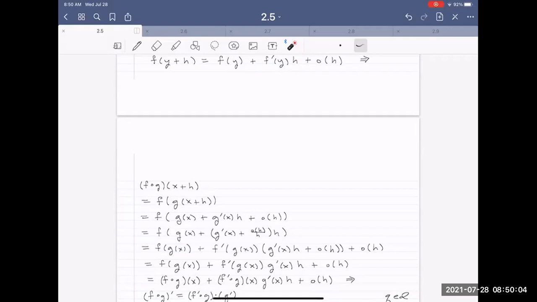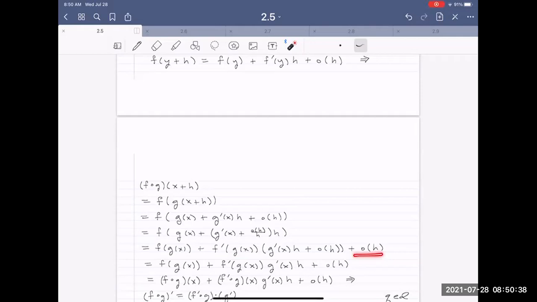So plus, oh, and I guess I called it this. Why did I write it that way? I guess I should have written, so plus this term. And so plus f prime at g of x times this little term here, which is g prime of x times h plus little o of h, plus little o of this guy. Well, that's why I wrote it this way.